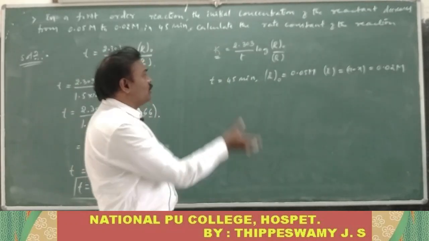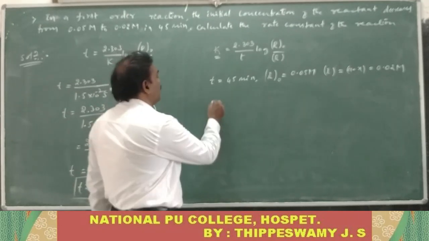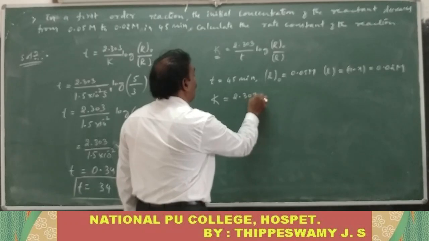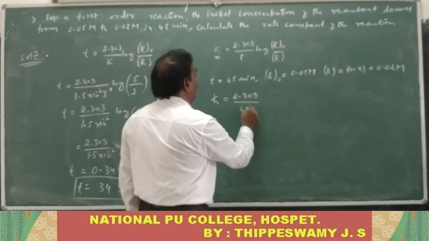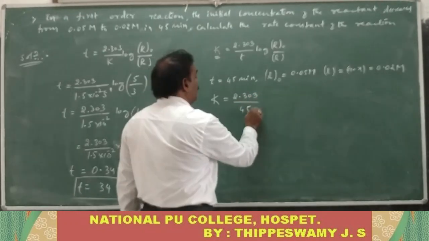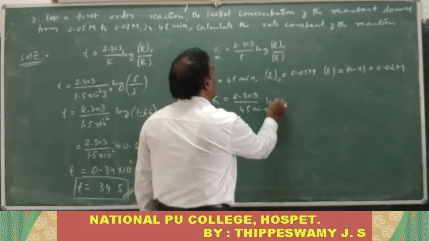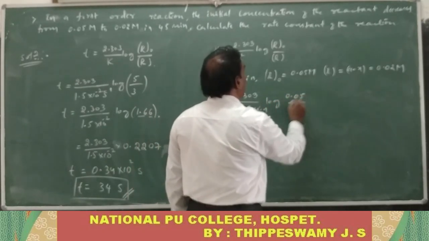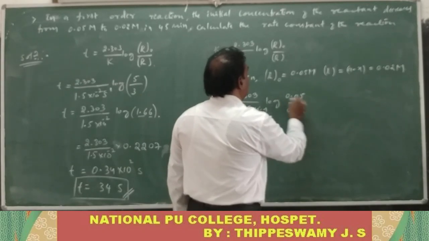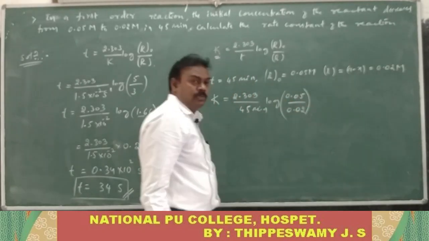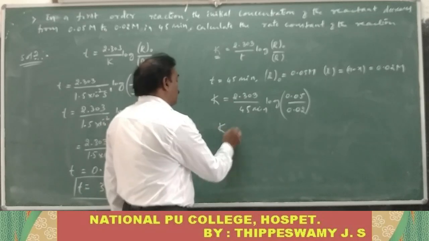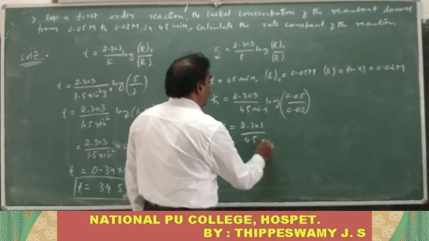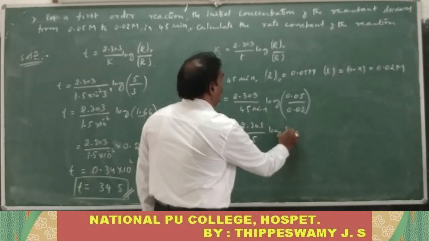Substitute the values here. K is equal to 2.303 divided by time, 45 minutes, into log of the initial concentration 0.05 divided by the final concentration 0.02. Or you write like this also: K is equal to 2.303 by 45 minutes into log of 5 by 2.